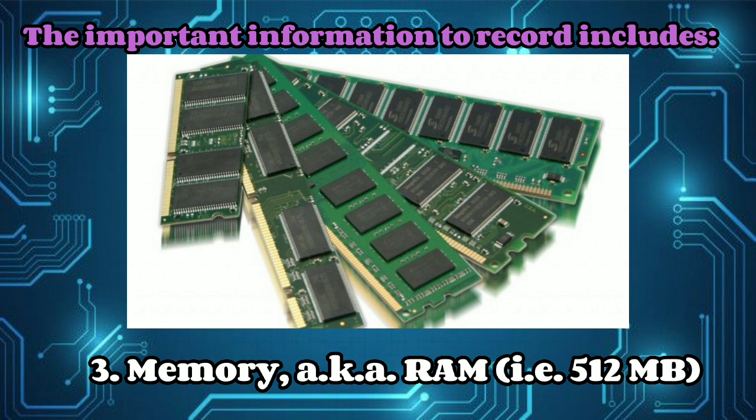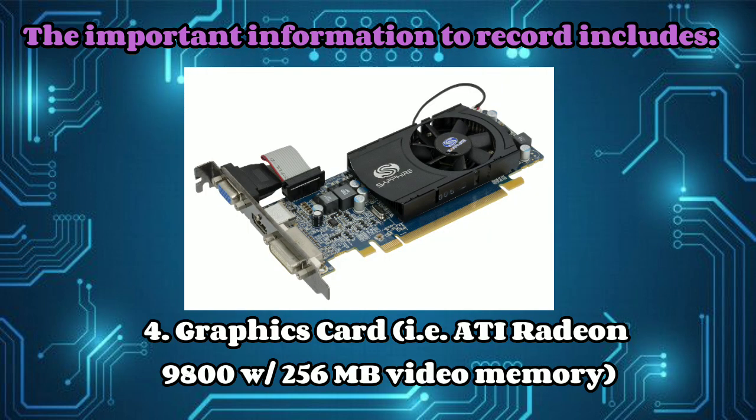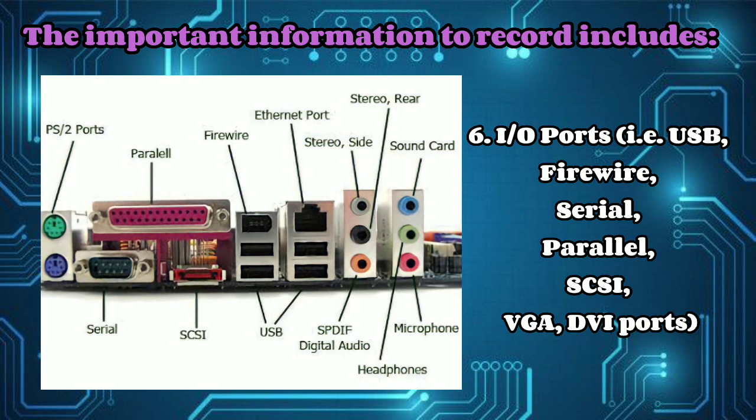Memory, aka RAM, i.e. 512 MB. 4. Graphics card, i.e. ATI Radeon 9800 with 256 MB video memory. 6. I/O ports, i.e. USB, FireWire, Serial, Parallel, SCSI, VGA, DVI ports.